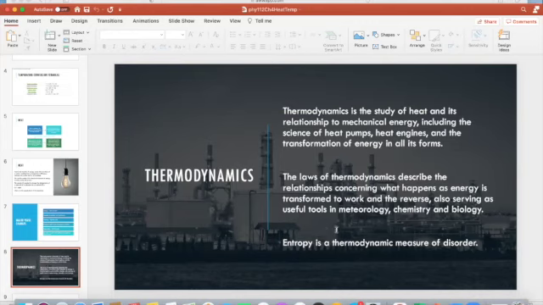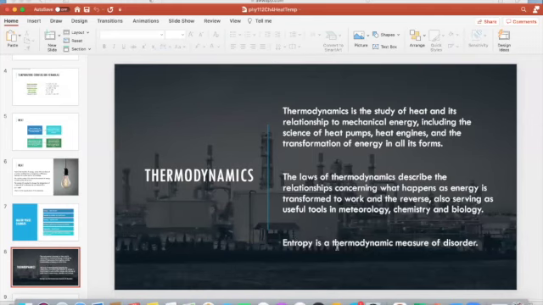All right, so the laws of thermodynamics describe the relationships concerning what happens as energy is transformed to work, and the reverse, serving as useful tools in meteorology, chemistry, and biology. So if you've already taken chemistry or biology, you probably already discussed thermodynamics. You may not remember it, but you've already kind of covered these topics.